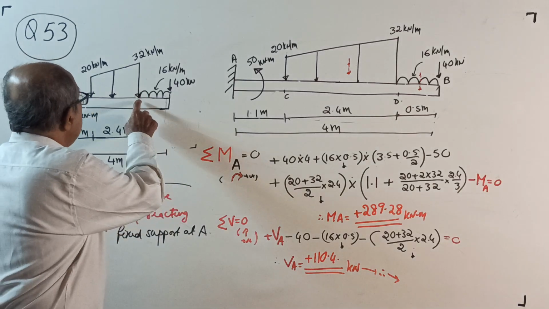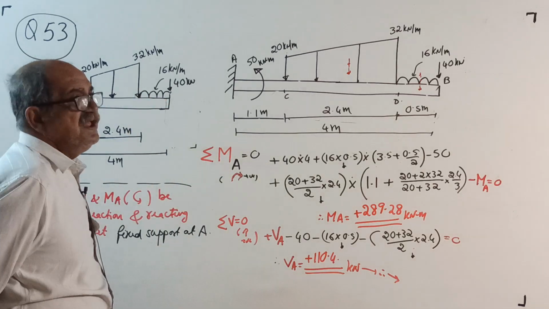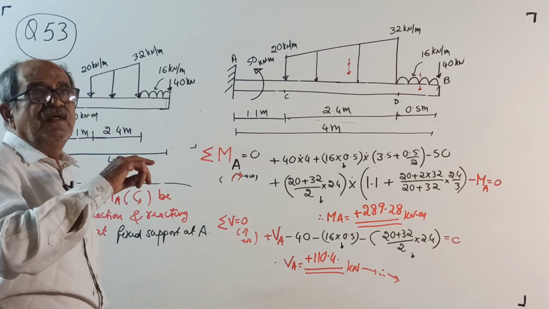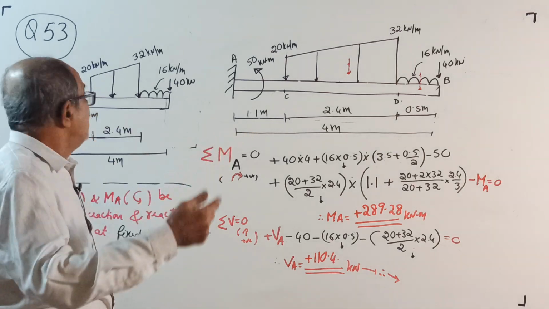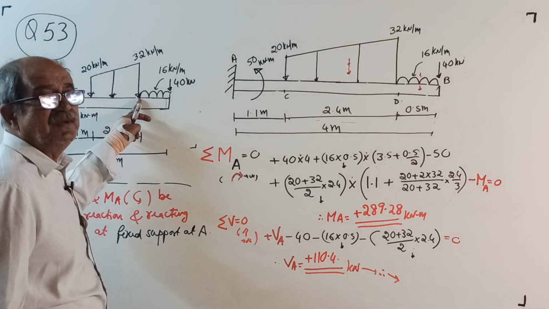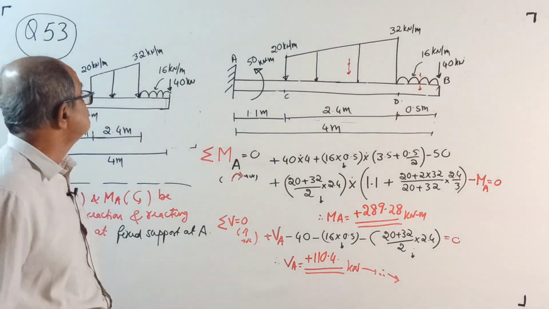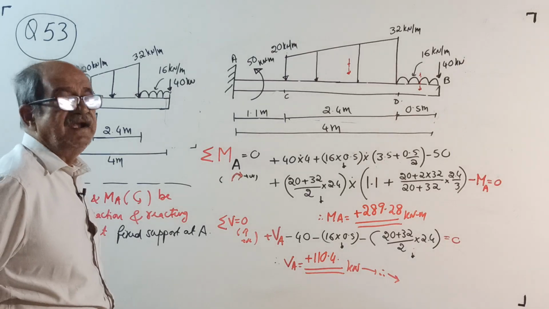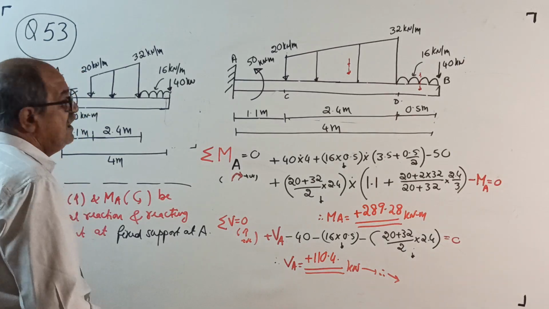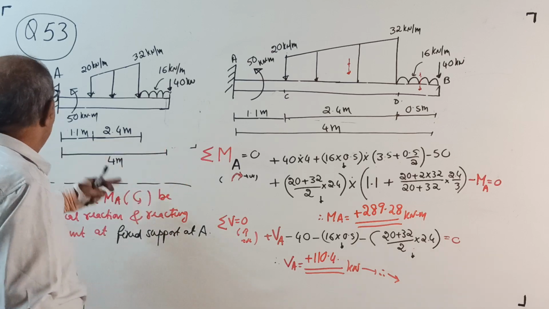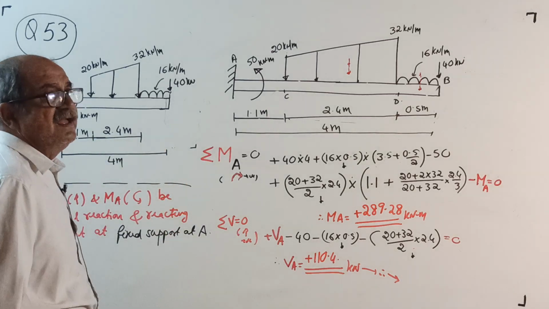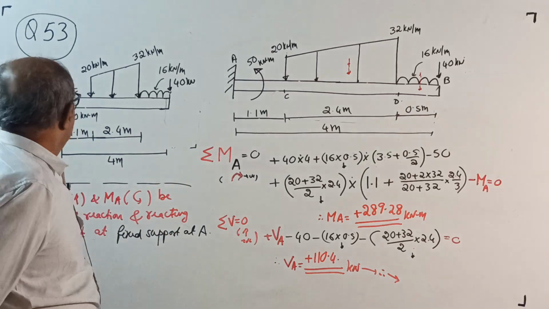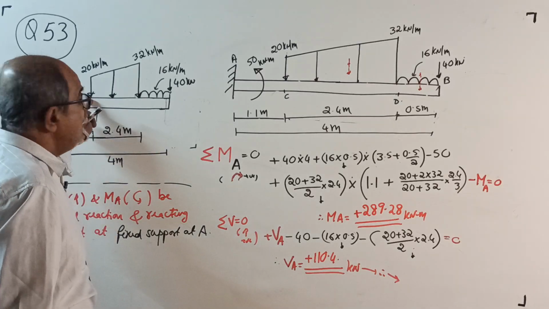It is also loaded by a UDL of 16 kN per meter on the right side after the UVL for the remaining portion, and a point load of 40 kN at the free end, right end.